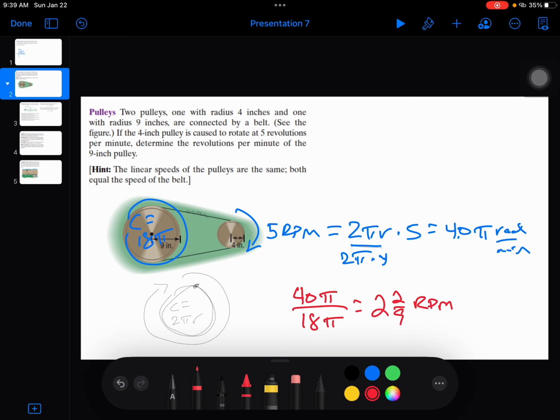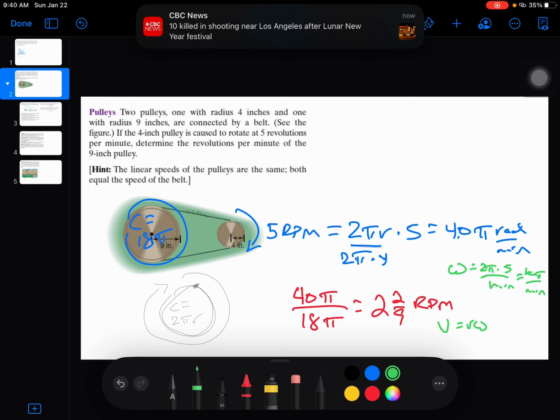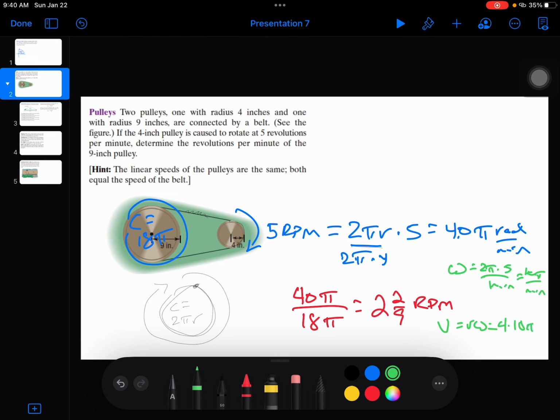And we could phrase this in terms of angular velocity or angular speed, just 2 pi times 5 over 1 minute, or 10 pi per minute. And then our linear speed is going to be the radius times that velocity there, which is 4 times 10 pi over 1 minute, or 40 pi per minute.